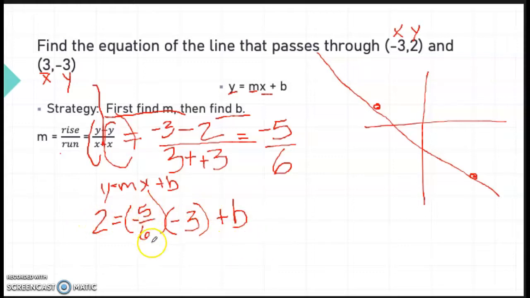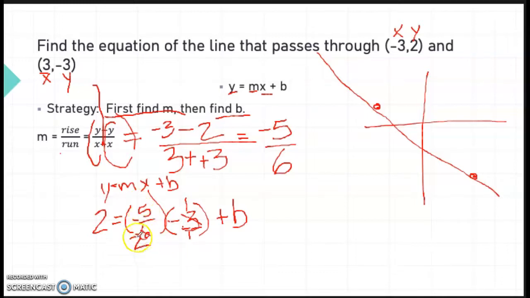Now I have -5/6 times -3. I want to multiply -3 with a fraction, so I make it into a fraction by propping it up on the number 1 in the denominator. And I can reduce -3 and 6. -3 goes into -3 once, and -3 goes into 6 -2 times.